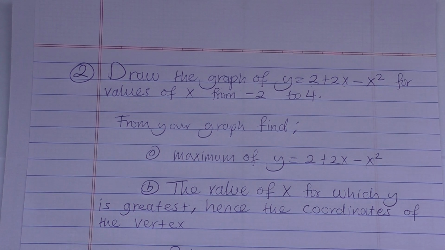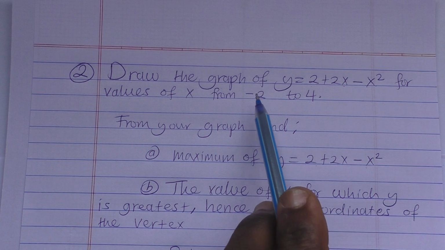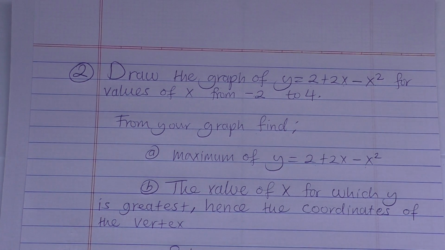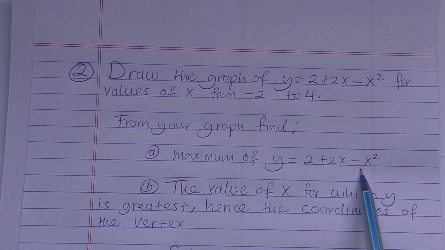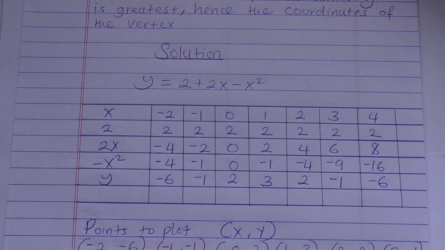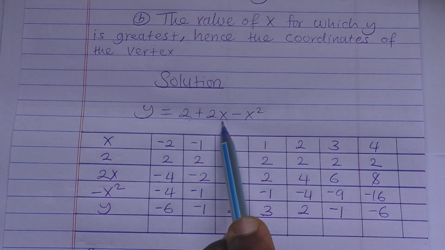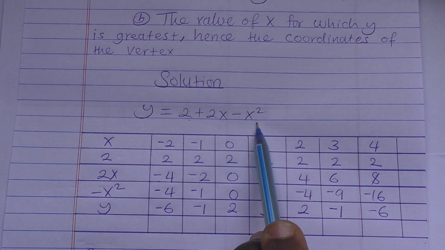We shall start with getting the values of y using the given range of x and the help of the general equation. So this is how we do it. Our equation is y equals 2 plus 2x minus x squared.